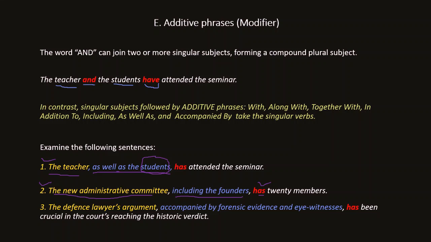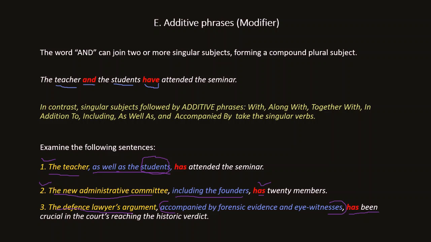The subject is the defense lawyer's argument and the verb is has or has been, and the middleman, or the modifier, is accompanied by forensic evidence and eyewitness.